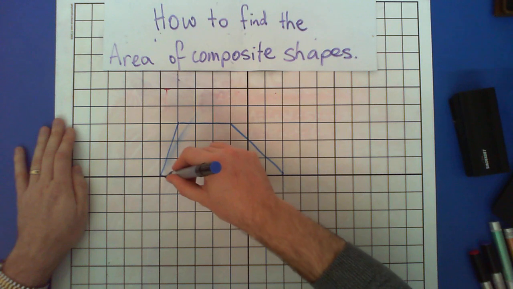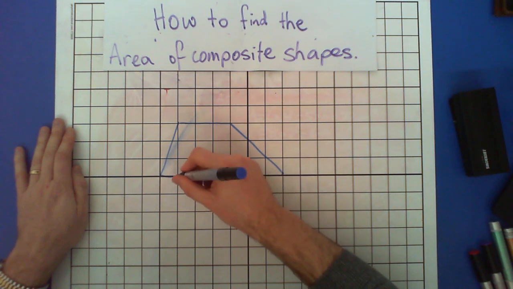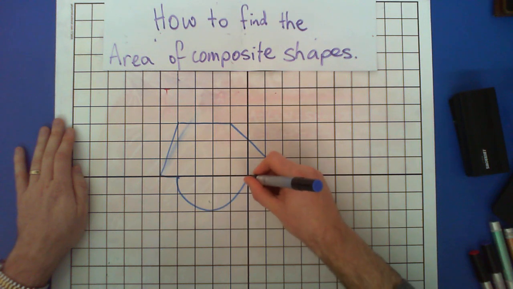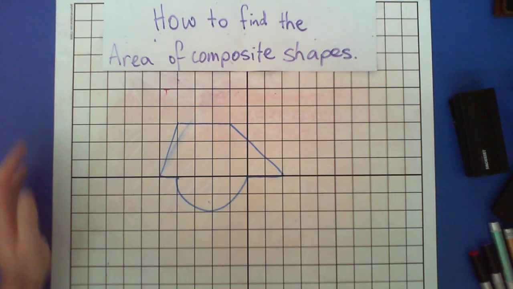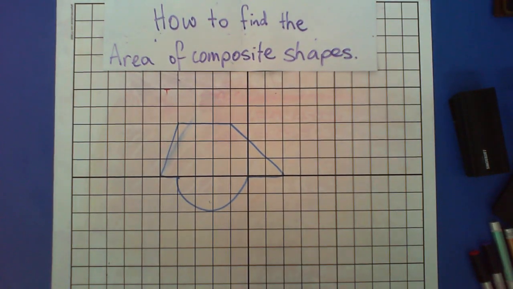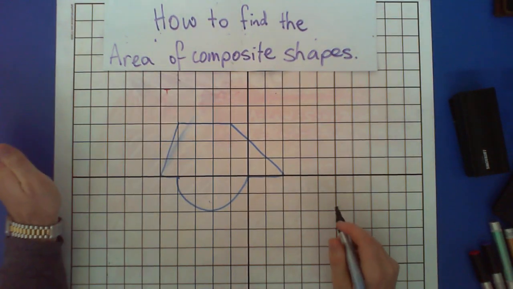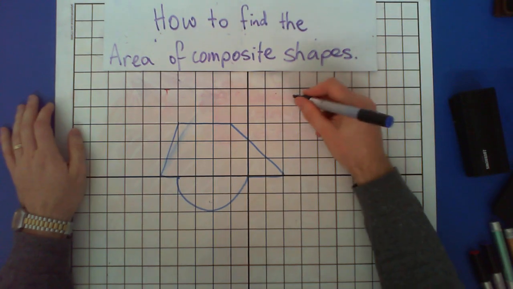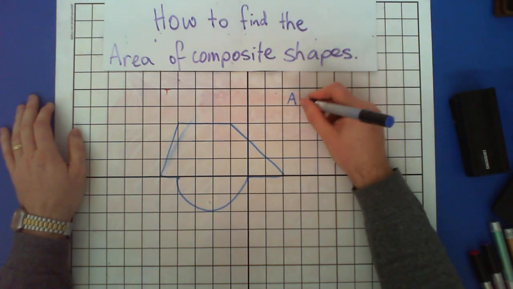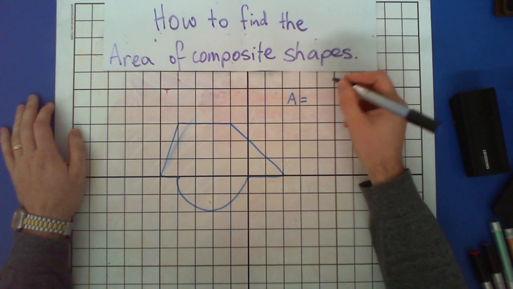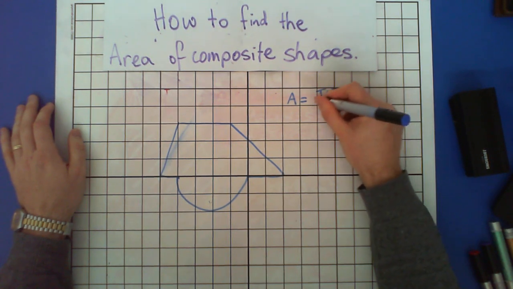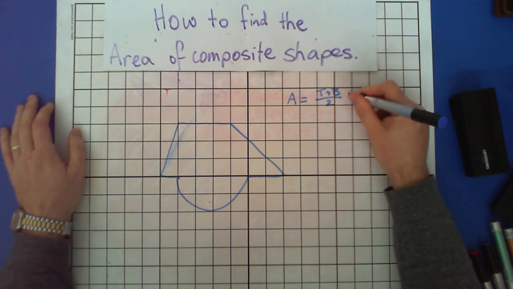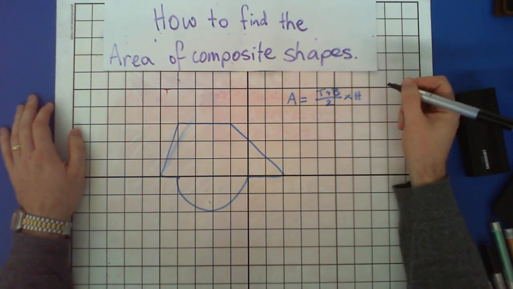This time we have a trapezium with half a circle added to it. What we're going to use for the area of our trapezium, remember from previous videos, is top plus bottom divided by 2 times the height.